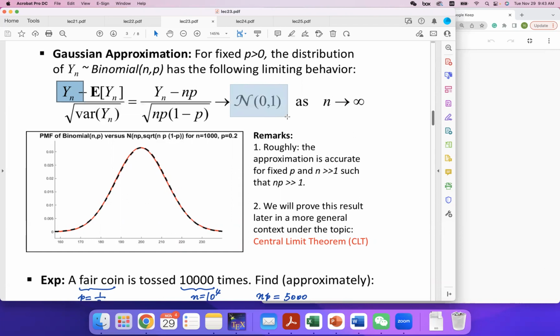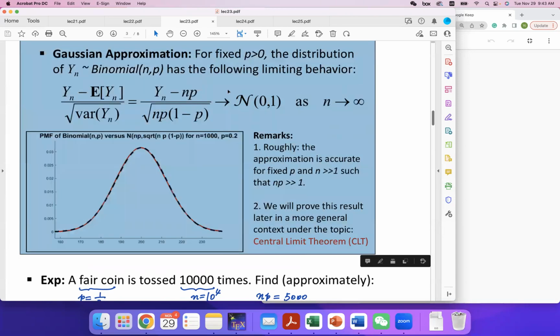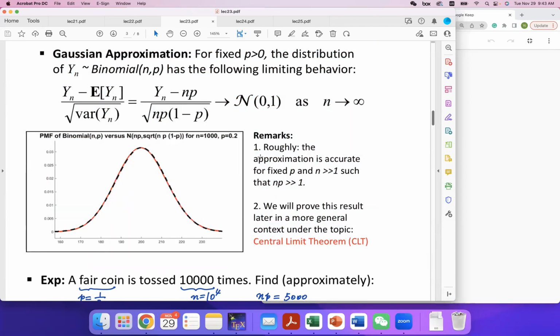But the Gaussian is a very simple exponential-like distribution. So this Gaussian approximation is very accurate when n times p is much larger than 1. Okay. In this case, we fix p and let n go to infinity, so n times p goes to infinity. But in practice, we will use this criterion to determine whether or not to use the Gaussian approximation.